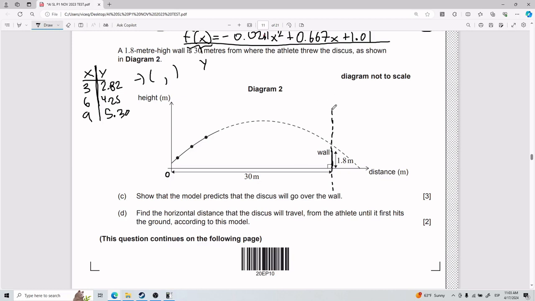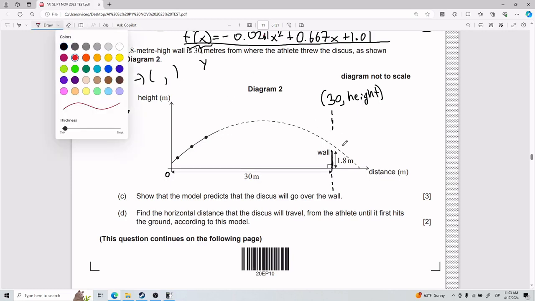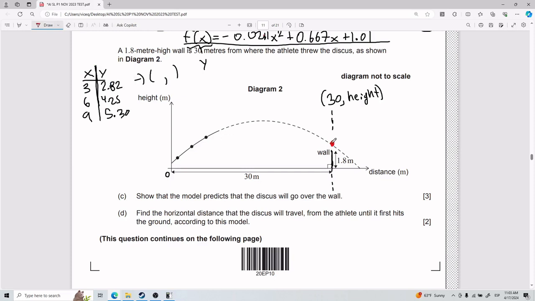So here, you know that you have an x of 30, but you don't know the height, okay? Now the height you would be finding is the height of the discus. So you're going to be finding out just how far above the wall the discus is flying, right? And if you happened to get a value that is below the wall, then you would say, okay, it's going to crash into the wall, all right?